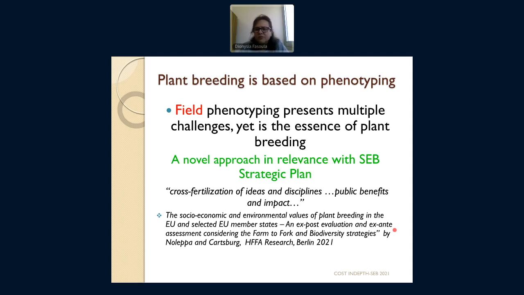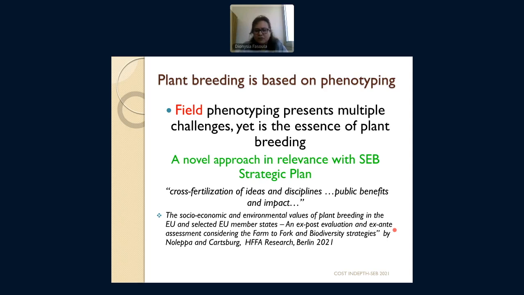Plant breeding is based on phenotype. Field phenotyping, as opposed to phenotyping under controlled conditions, presents multiple challenges, yet is the essence of plant breeding. Our approach is quite novel and in relevance with the strategic plan of SEB about cross-fertilization of ideas and disciplines that have public benefits and impact.